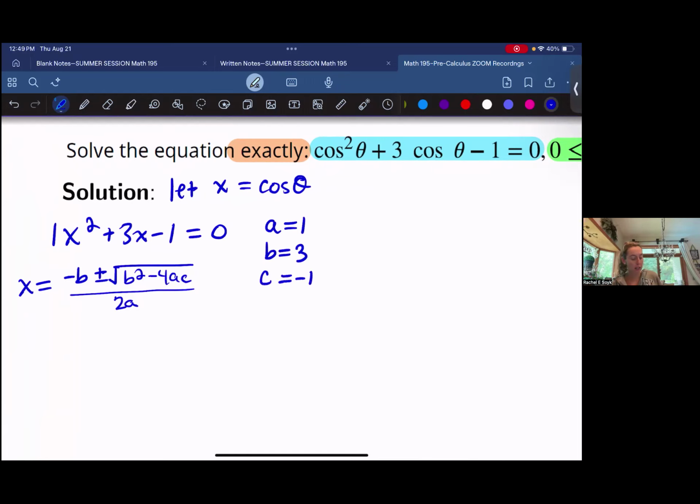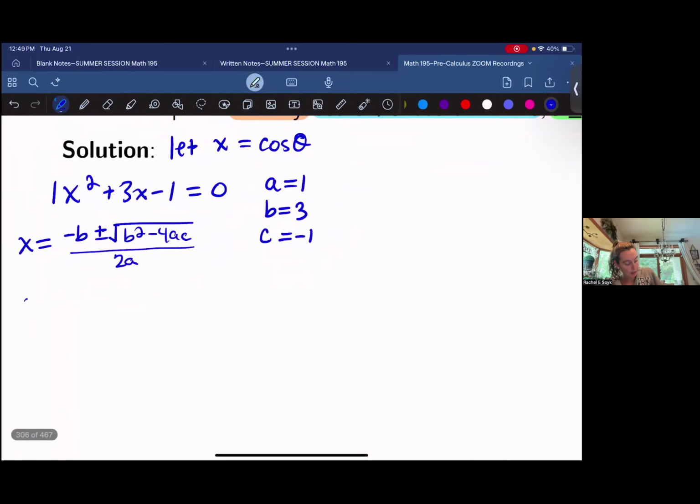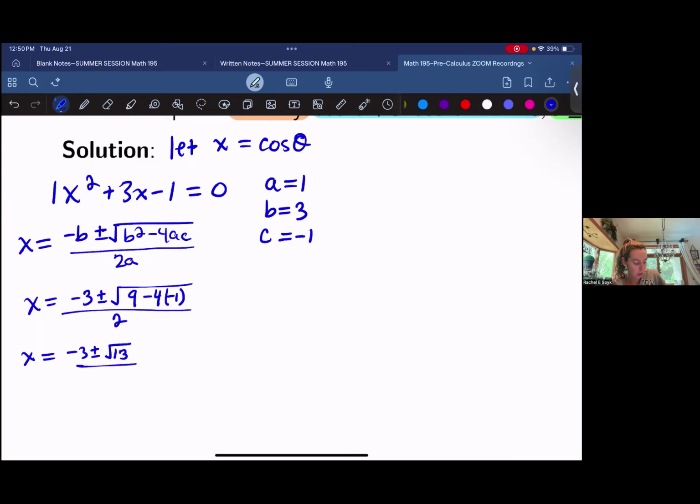So when we plug this in, we get x equals negative 3 plus or minus the square root of 3 squared, which is 9, minus 4 times a times c, which is negative 1, so that ends up giving you a plus 4, all over 2a, all over 2. So we end up with x equals negative 3 plus or minus the square root of 13, all over 2.